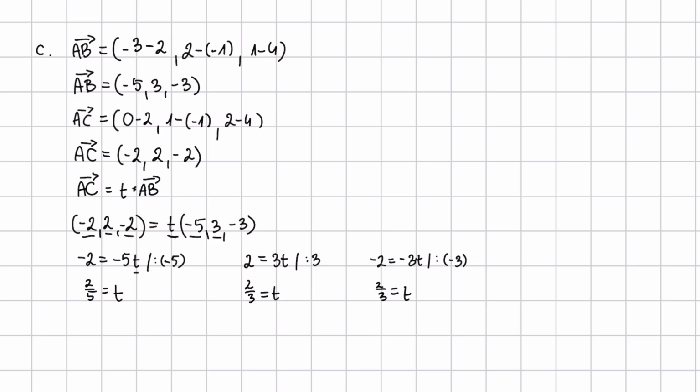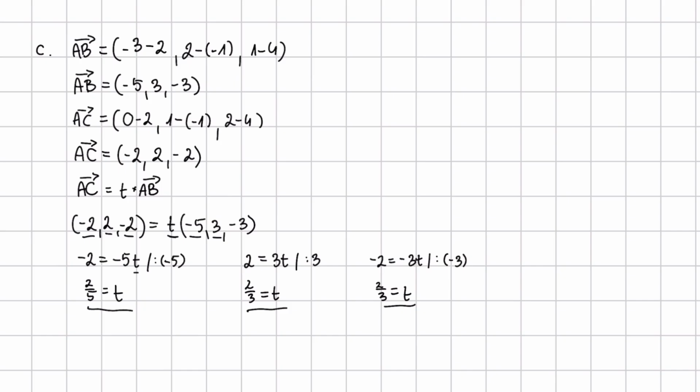So here we have the same t, however here we have a different t. So these t's just disagree, so our point C is not on the line AB, so not on the segment.